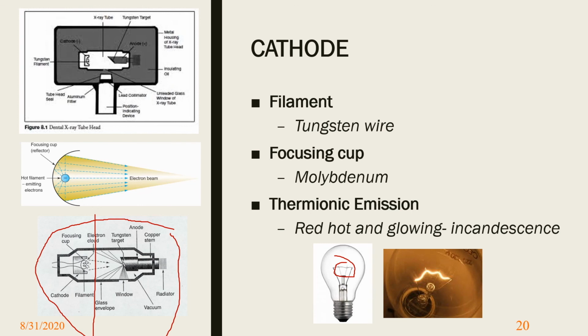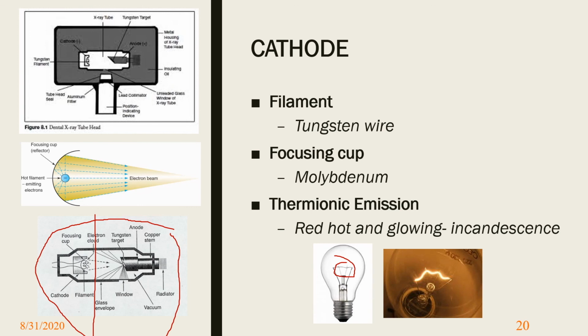It does this when electricity flows through the wire coil and the wire heats up and turns incandescent. The term for that is thermionic emission, and the electrons are produced, forming a cloud of free electrons.